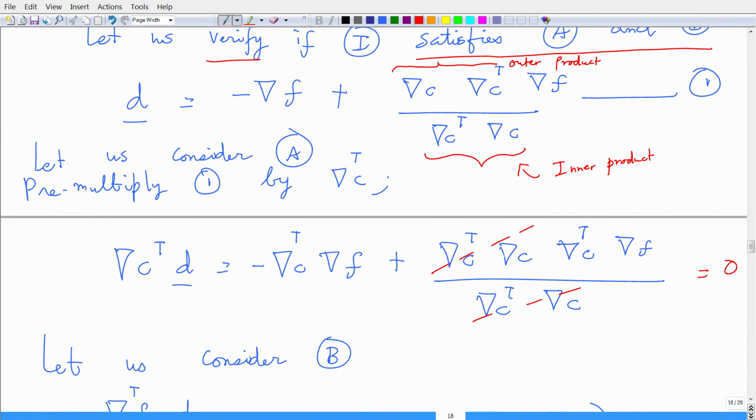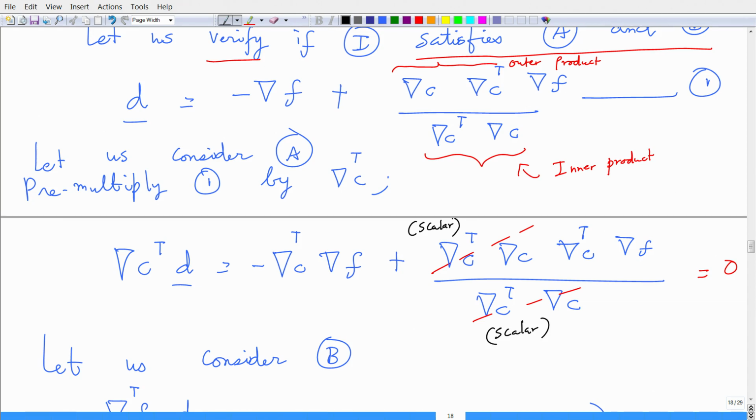Now, del C transposed del C is a scalar. If they are matrices, I cannot cancel them out. This is very important. Any graduate student would realize this immediately, but if there are any that are confused, this is basically a scalar, and therefore I can cancel this out, because if they were matrices, I could not cancel like this.